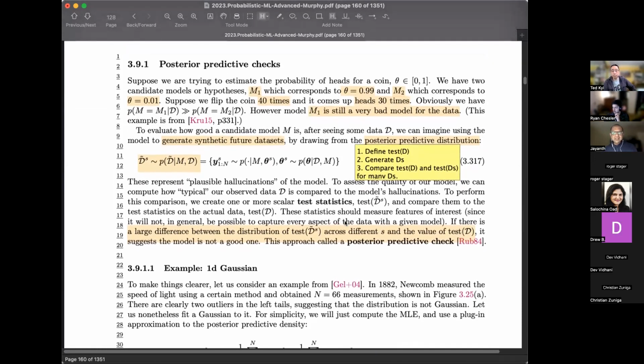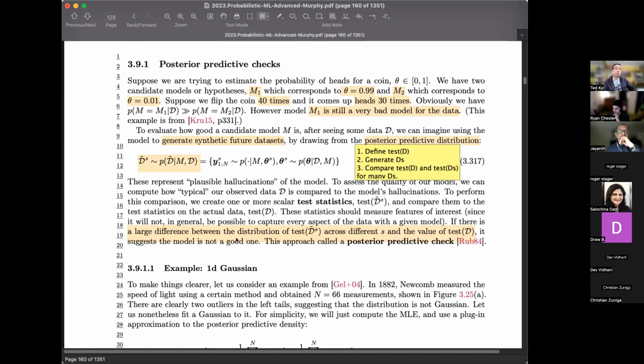He defines a test metric, test of D. You generate multiple Ds, multiple data points, and then you compare your test metric for this D with the tests for the individual Ds that you have sampled.